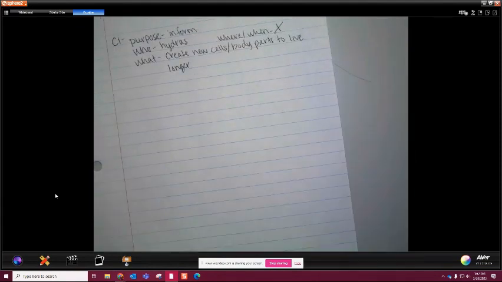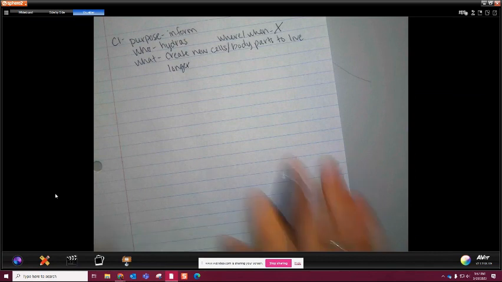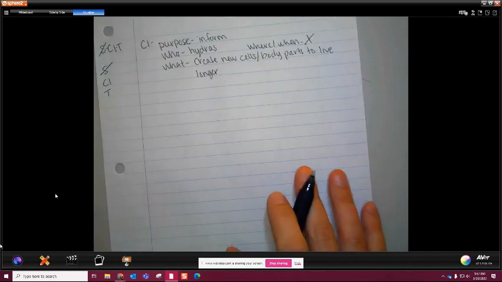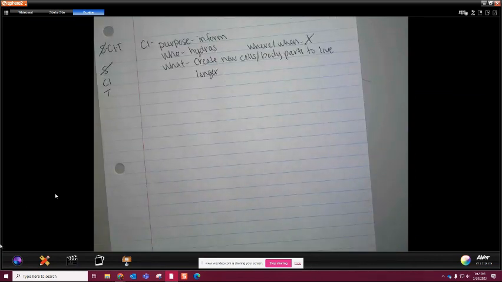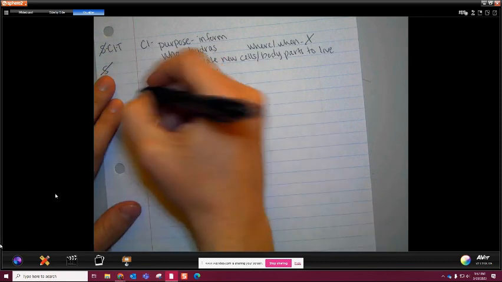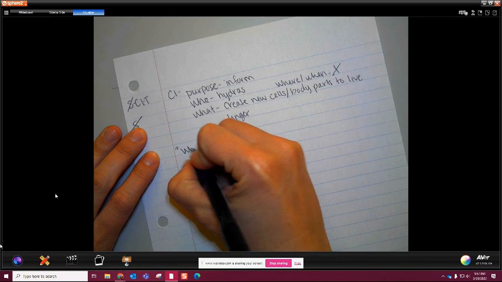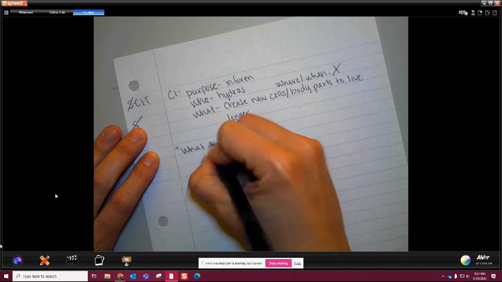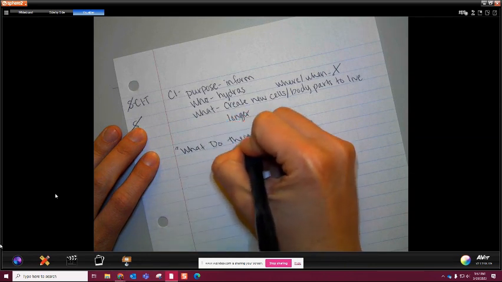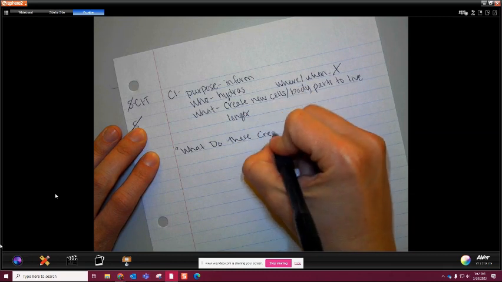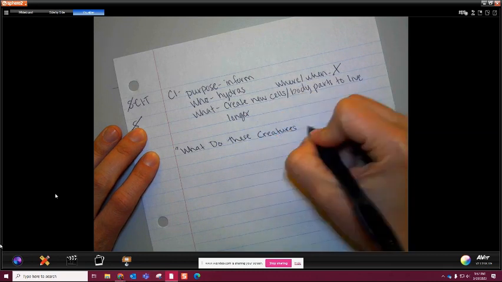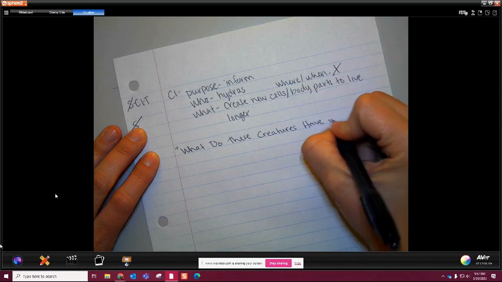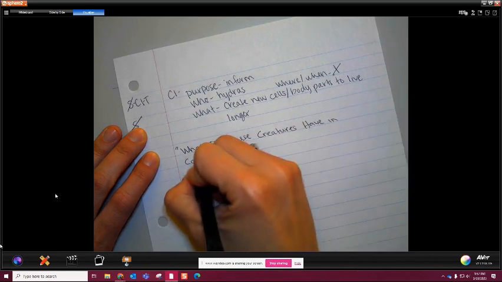So I'm going to set that to the side, and we're going to write this together. I'm going to go ahead and have the title of the piece. And when you do the title of the piece, I want you to make sure that you have the whole title, and it should be in parentheses. So we're going to write this, and it's going to say, what do these creatures have in common?